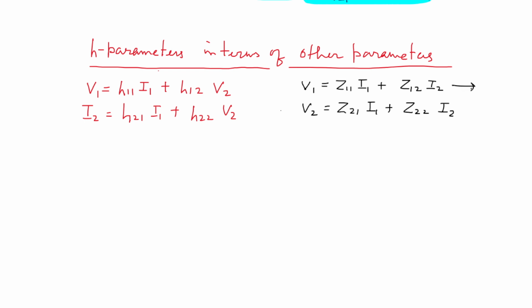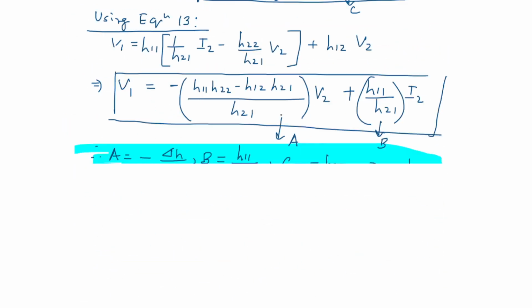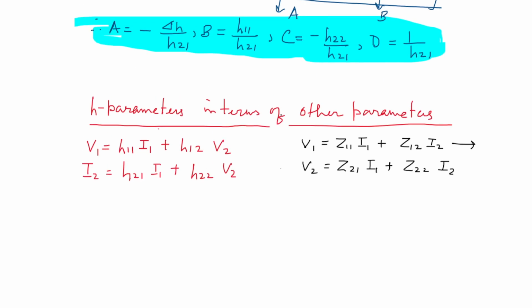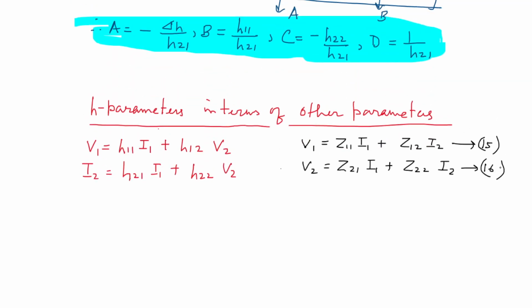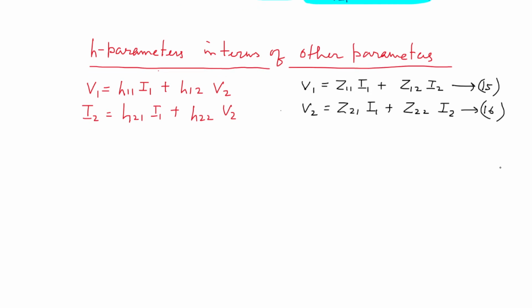So let me mark this equation as equation number 15 and equation number 16. So we need to represent hybrid parameter. So let me check which one I should take. Let us first consider equation 16.